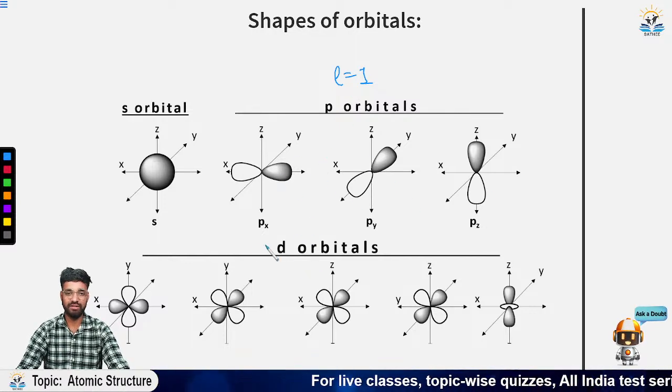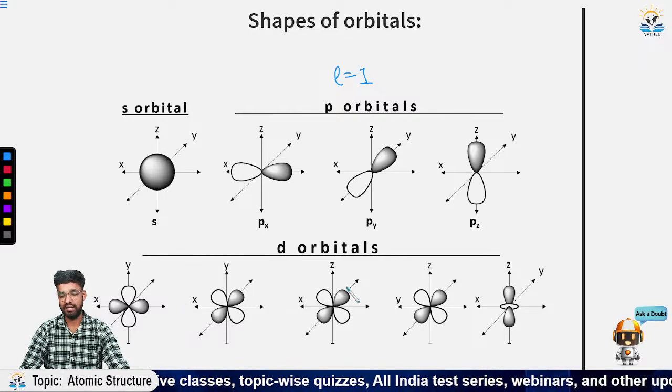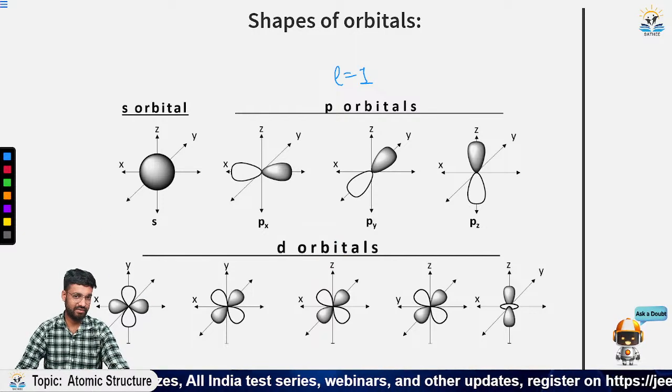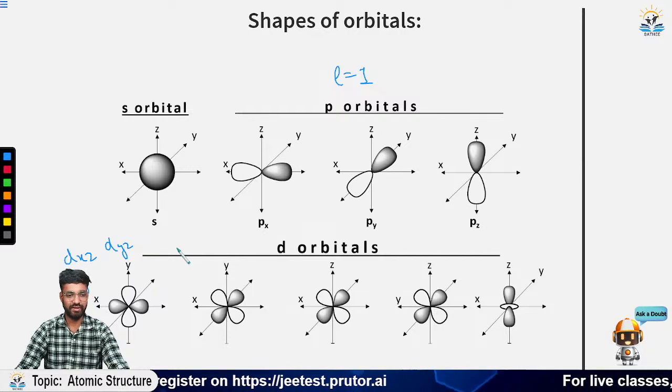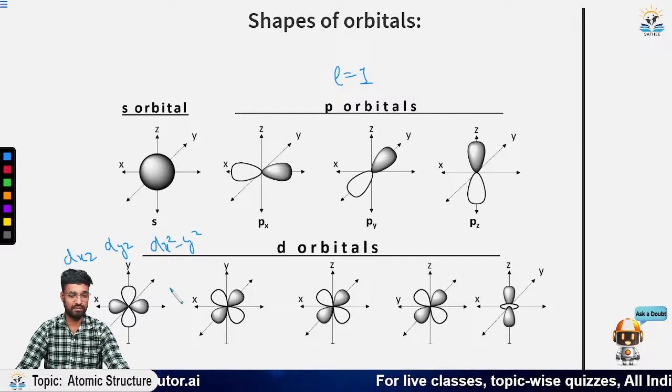Then we have the d subshell which has 5 orbitals. If you want to know the names, I am writing them here: dxy, dxz, dyz, dx square minus y square, and dz square.